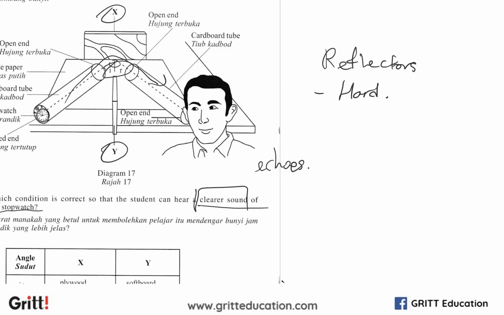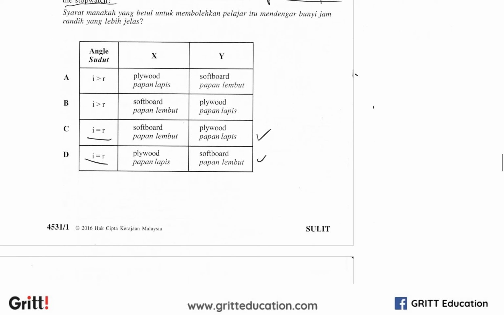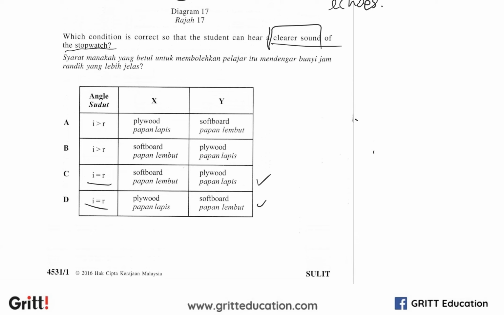Anything with a hard surface is a good reflector of sound. So for X, we want something with a hard surface. They give us two options: plywood or softboard. So we should choose plywood.